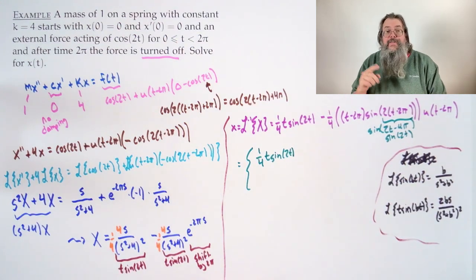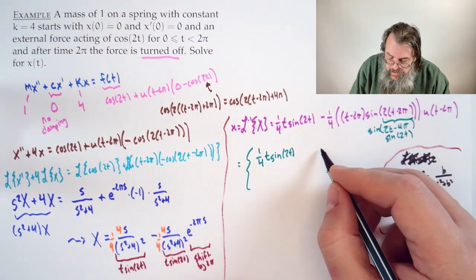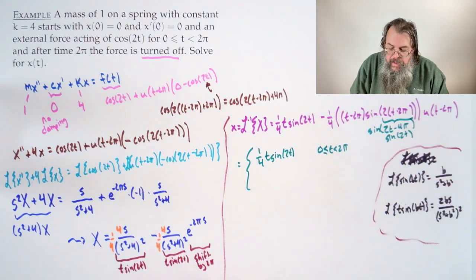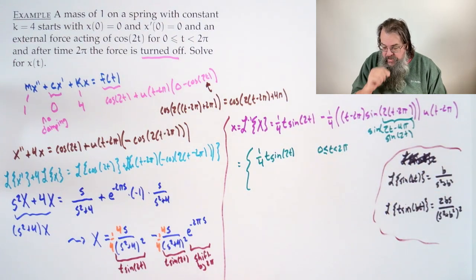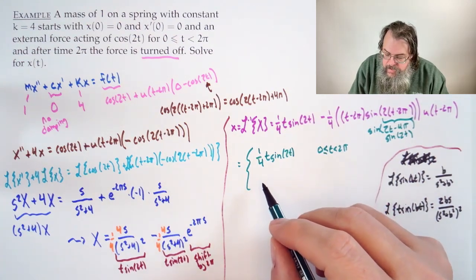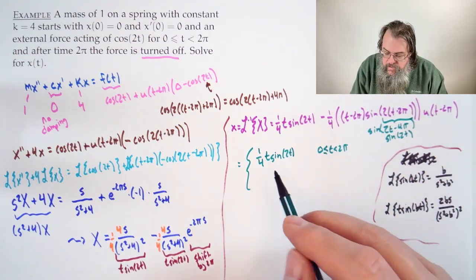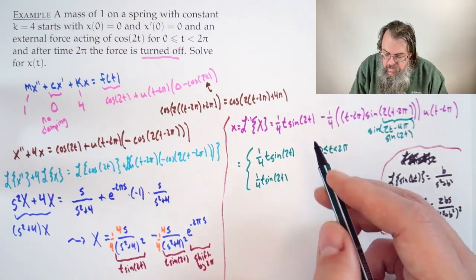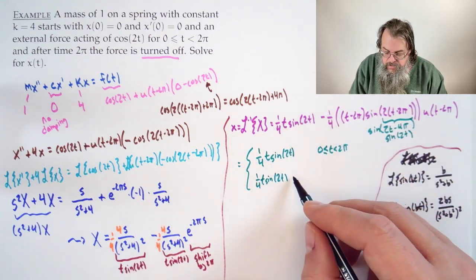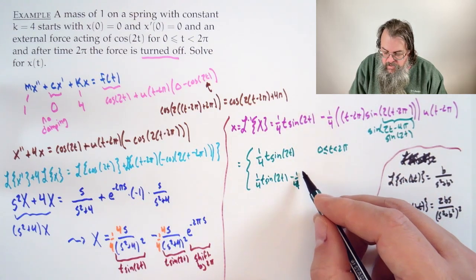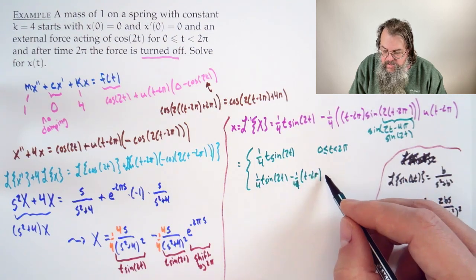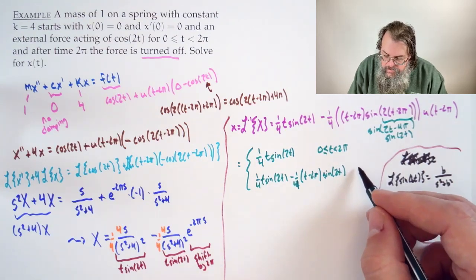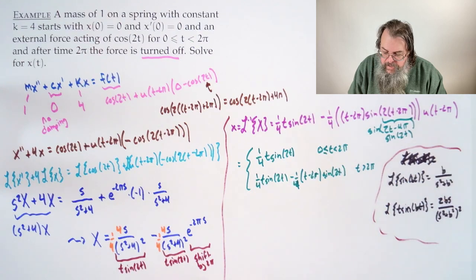Okay, what happens after time 2 pi? Well, so this is 0 less than or equal to t less than 2 pi. At time 2 pi, we are going to see the following. Namely, we're going to see 1/4 t sine 2t, which is what we had. Subtract 1/4 t minus 2 pi sine of 2t. Well, so this is for t above 2 pi.